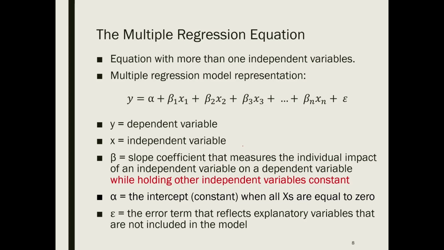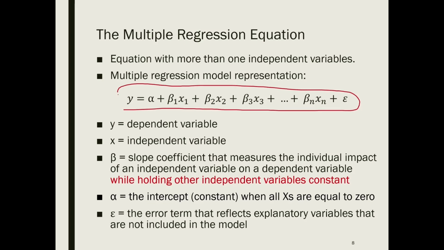This looks more like a linear regression formula, and as you can see, this is a linear formula. For example, y is the dependent variable. We always use y to represent the dependent variable. The x is an independent variable. As you can see, we have x1, x2, x3 until xn. So these are all the independent variables that you include in the regression analysis.